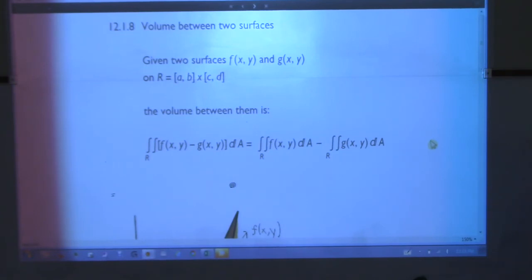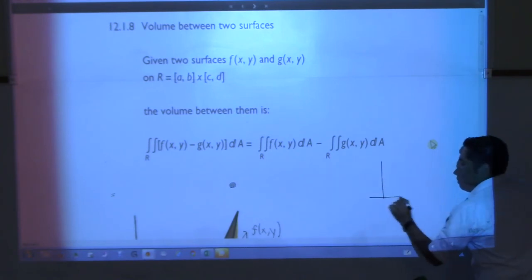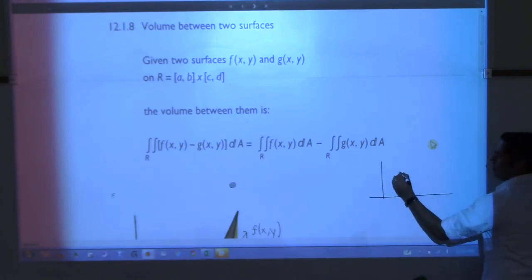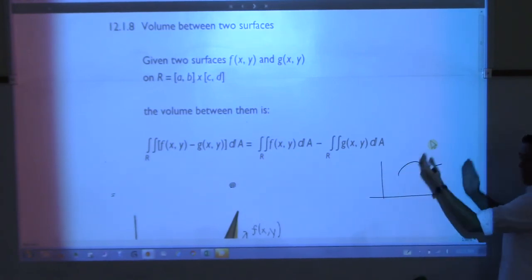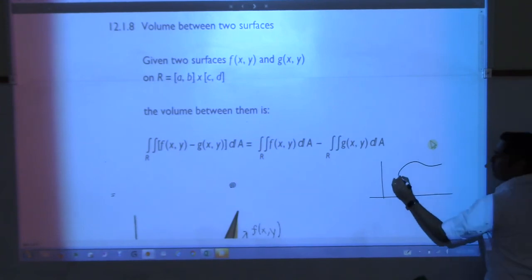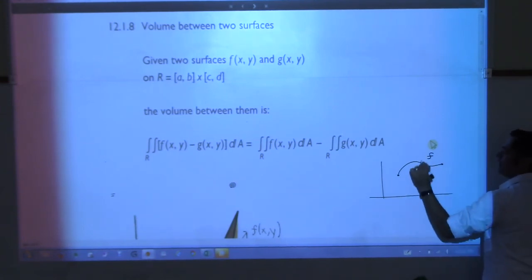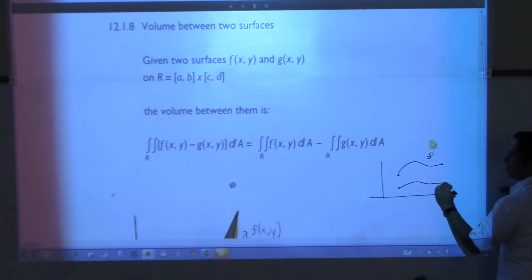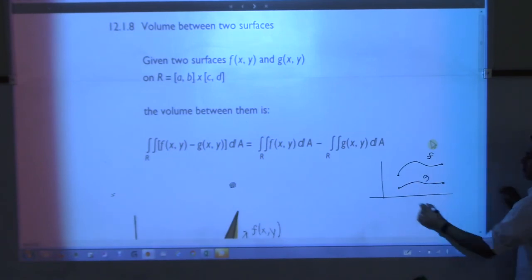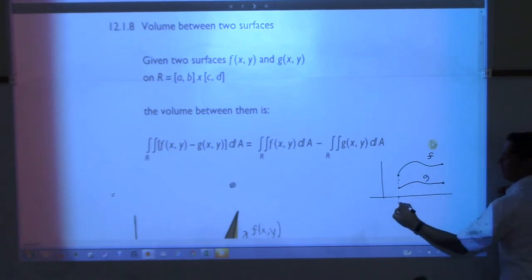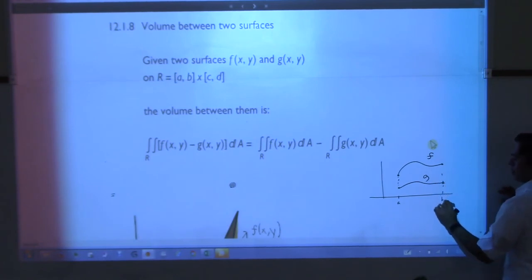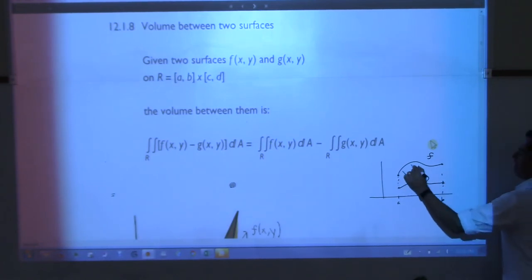Now, how about finding the volume between two surfaces? So the analogy to this, what's that? Yeah, exactly. In Cal 2, you found the area under a curve, right? And that was the integral. But then we brought in another function. So here's F. We brought in another function, G. And we still went from A to B. And we said, okay, what's this area?